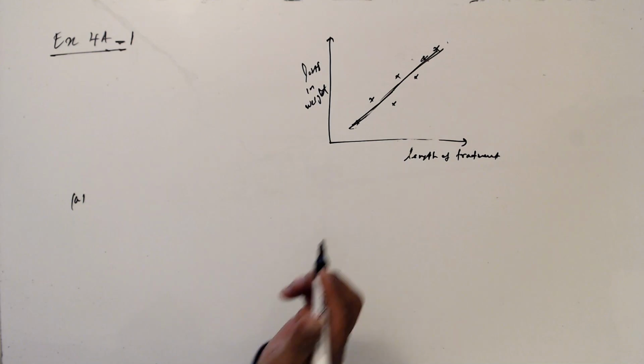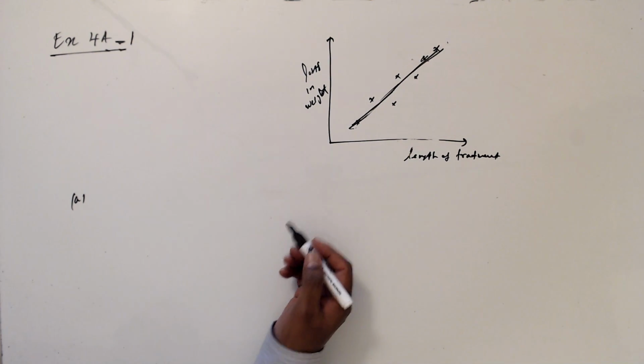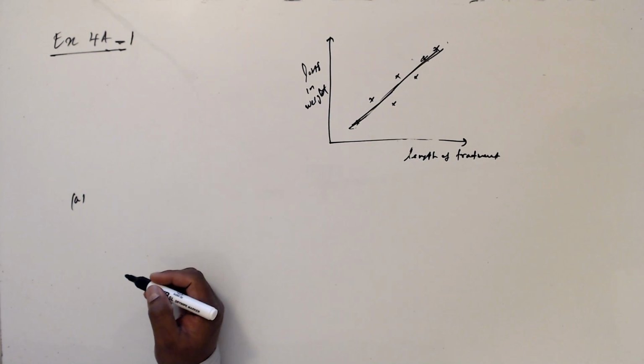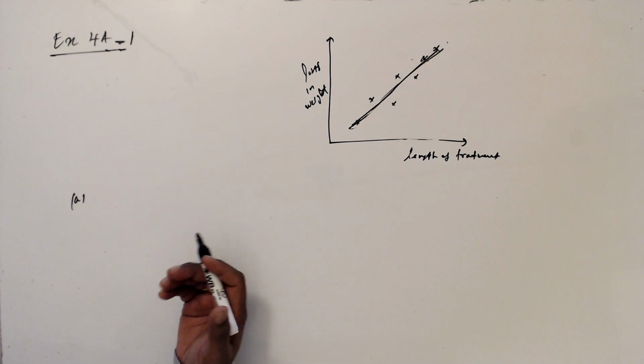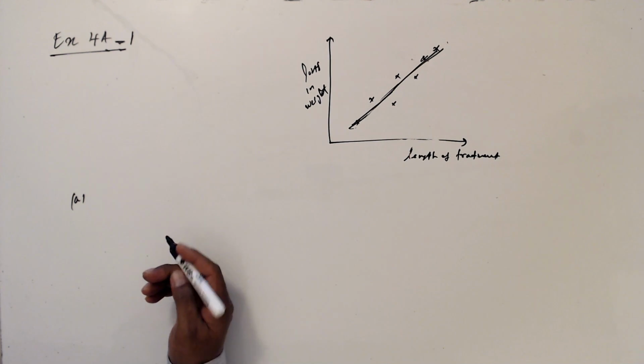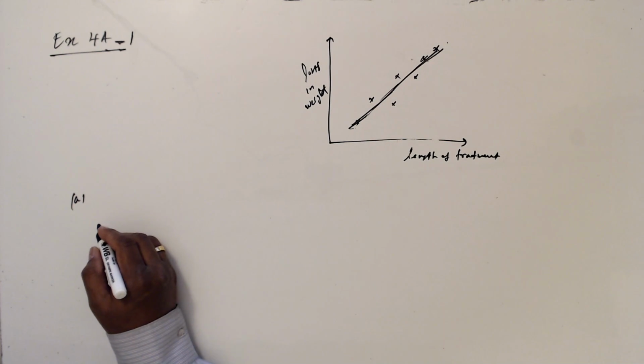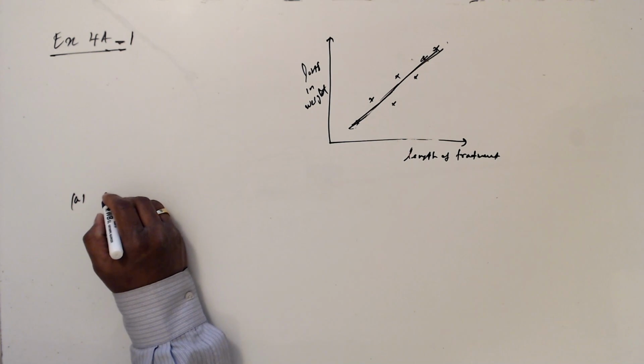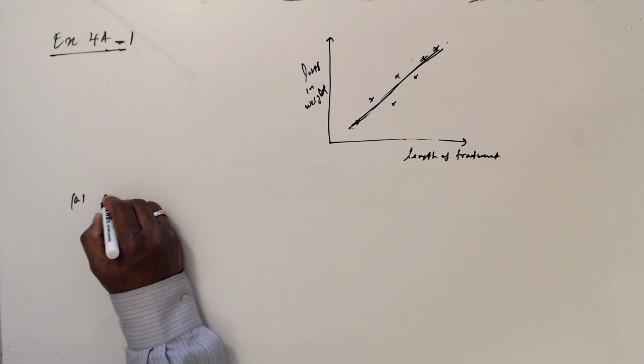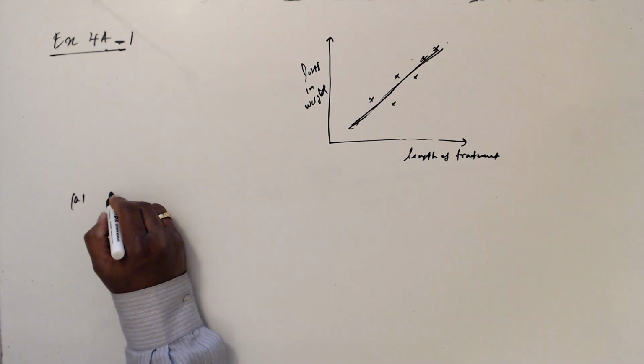And then, what is the gradient of this line? Is it a positive gradient or a negative gradient? The gradient is positive. So hence it has a linearity, which is the relationship is linearity.